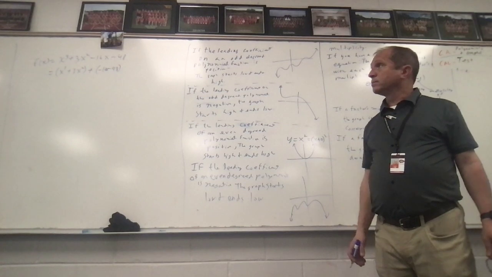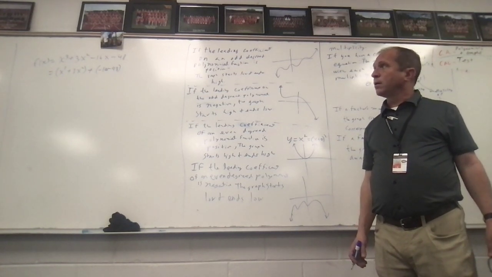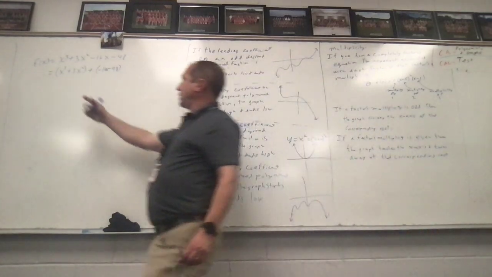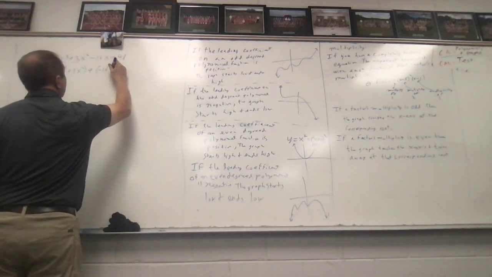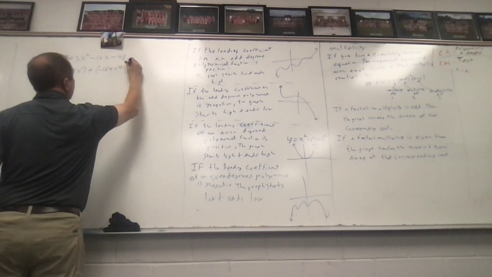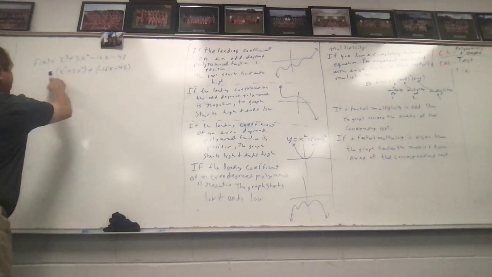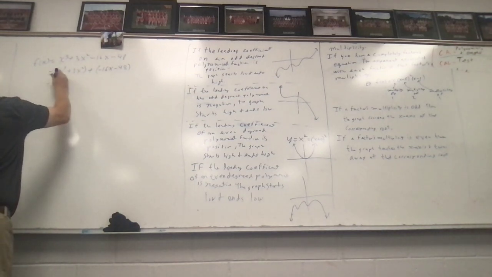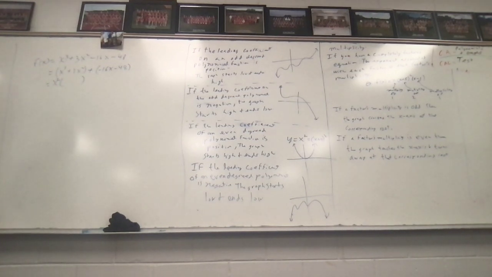X. Be careful. What term? The x cubed and the 3x squared. There's an x squared in common, isn't there? Okay. So let's pull an x squared out. And what do I get when I factor out the x squared? X plus 3.